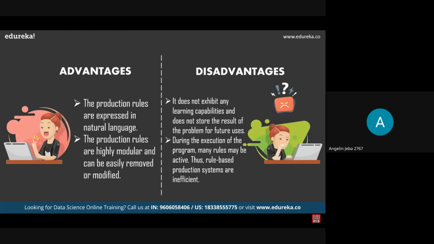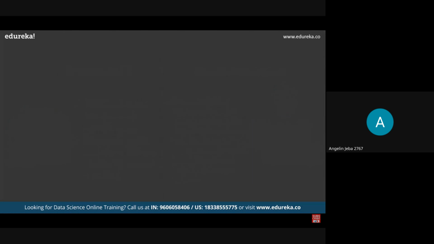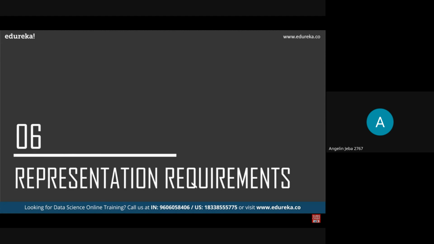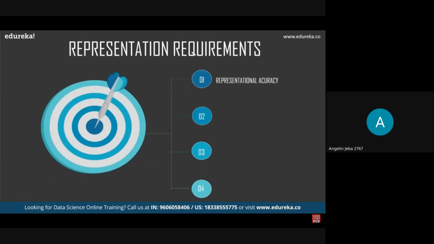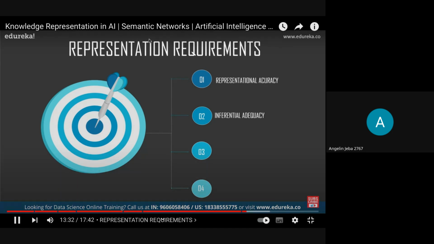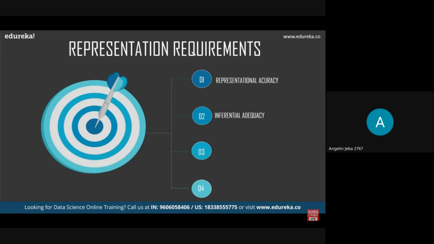So these were the four important techniques for knowledge representation in AI. So now let's have a look at the requirements for these representations. Now, a good knowledge representation system must have properties like representational accuracy. It should represent all kinds of required knowledge. Also, it must have inferential adequacy. It should be able to manipulate the representational structures to produce new knowledge corresponding to the existing structure.